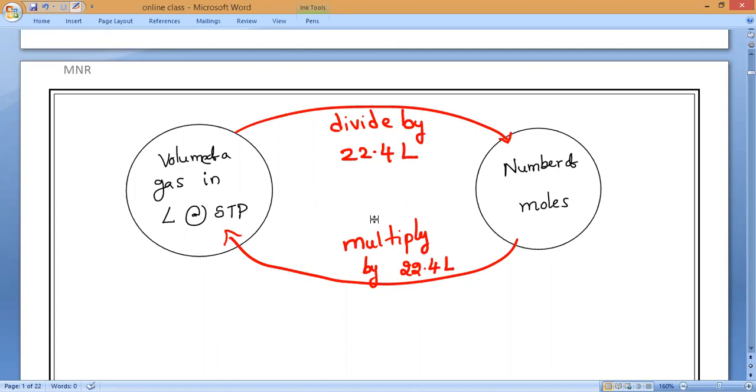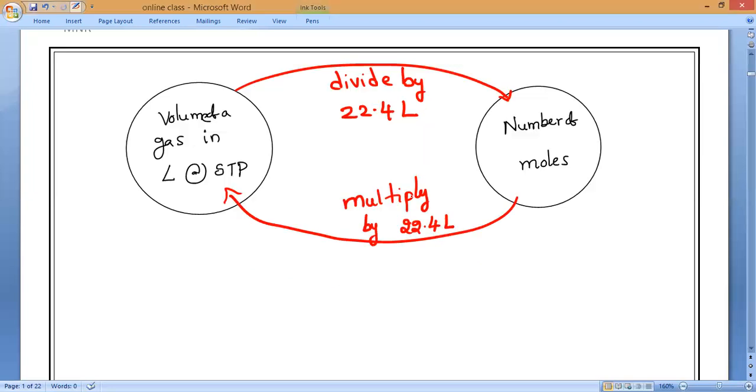Once again I'm saying, remember, if the number of particles is very, very big, we cannot count them by numbers.